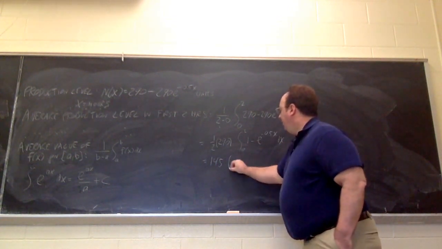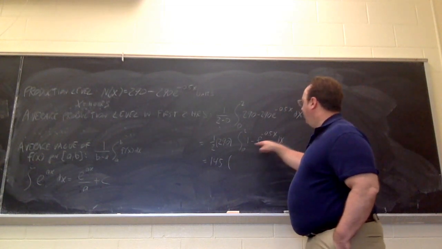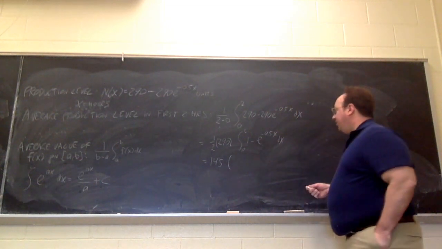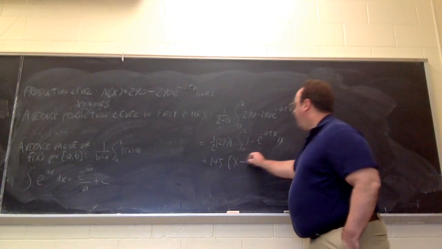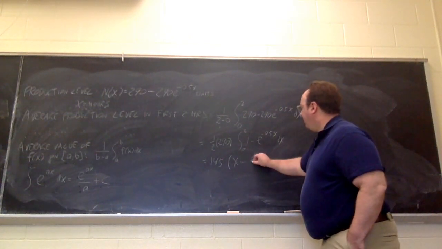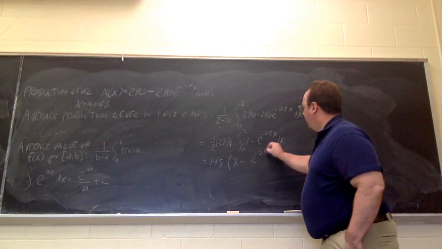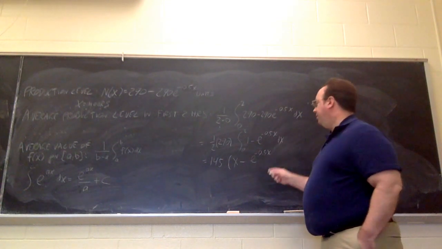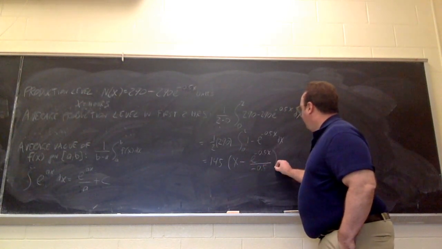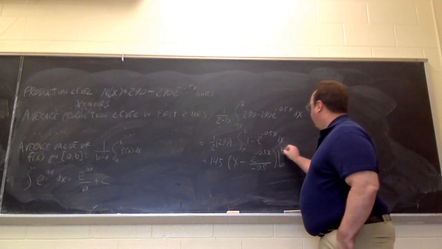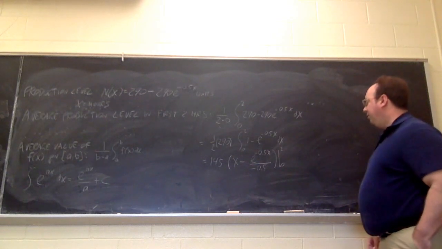And then the integral of this function, 1 minus e to the minus 0.5x, the integral of 1 is x. And then we have minus, so the integral of this exponential function is itself divided by the coefficient of x. So we divide by minus 0.5, and then we have to substitute in our limits 0 and 2.